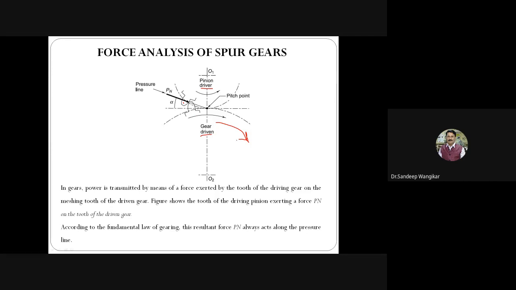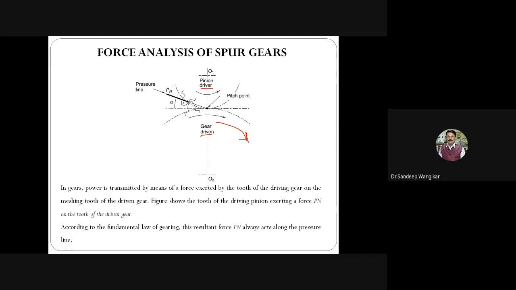This is the very first point to understand. Second, whatever force is applied from one gear to another is always applied along the pressure line. The pressure line is where the angle alpha is made; alpha is the pressure angle. Let us assume the force is Pn.